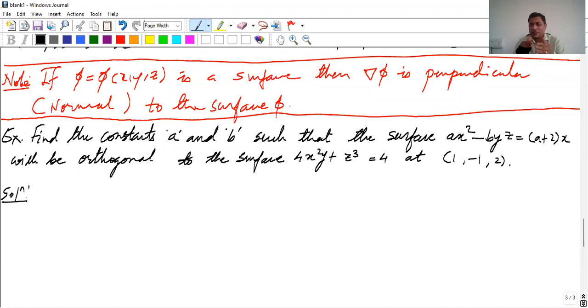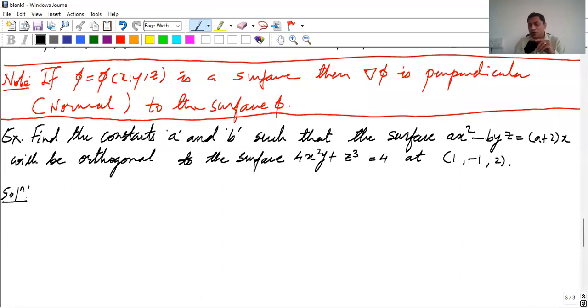The angle of intersection of the tangents of these two surfaces at this point is going to be 90 degrees. That means their dot product is going to be 0. So we have to use this information and then find the values of a and b.